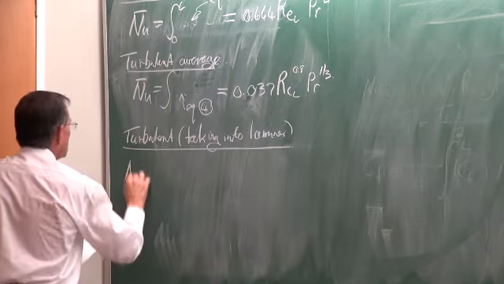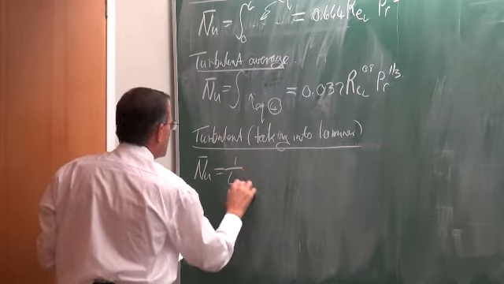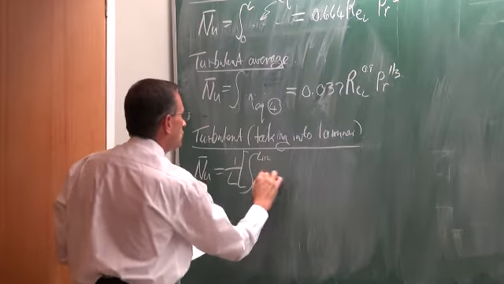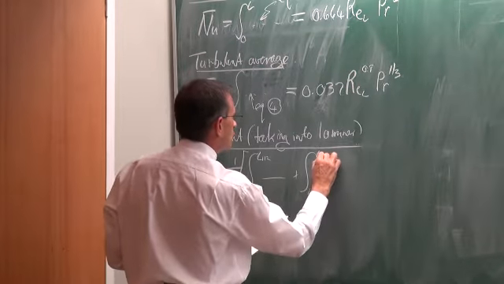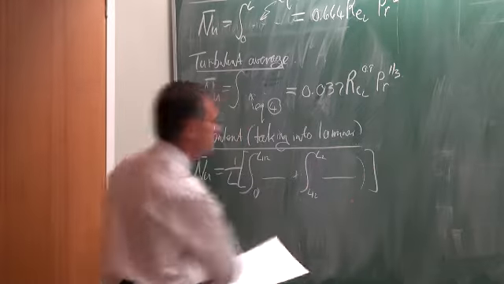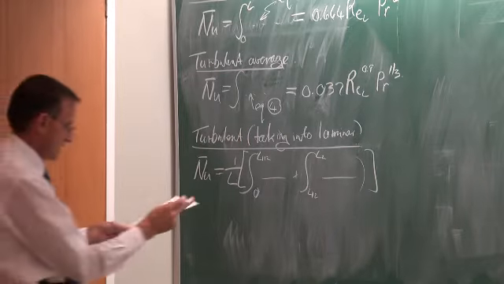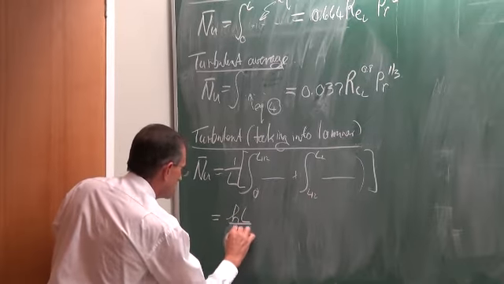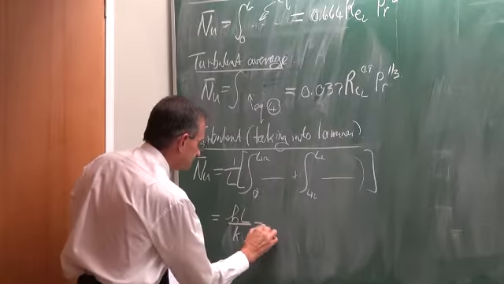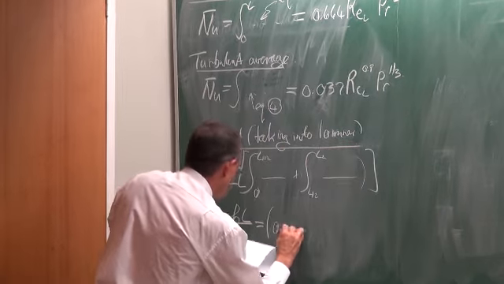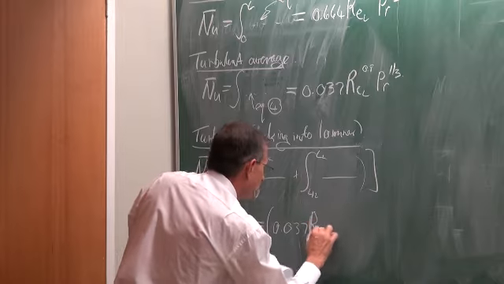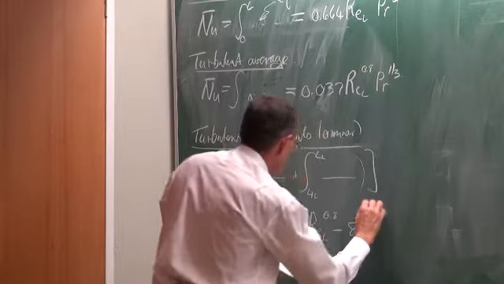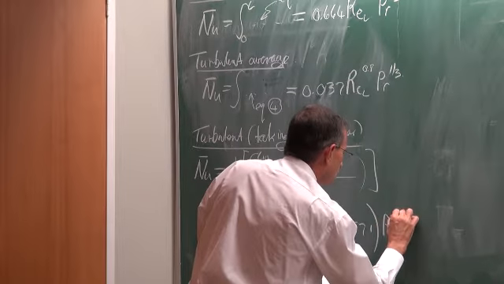Now we do it for the Nusselt number: 1 divided by L for firstly 0 to L1/2 plus L1/2 to L. So do the integration for both of them together, and then the result is that we get the equation which says that h_L L divided by k, the Nusselt number, is equal to 0.037 multiplied by Reynolds to the 0.8 minus 871, multiplied by Prandtl to the third.